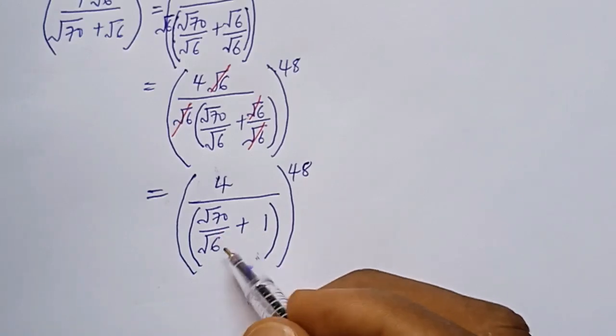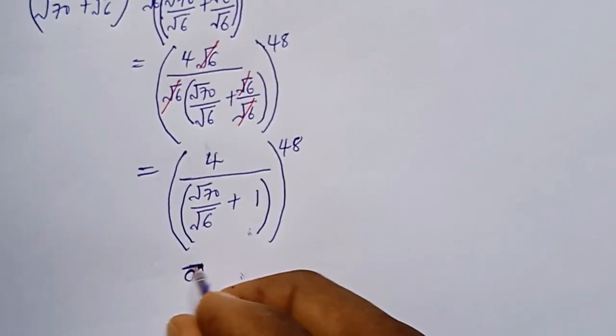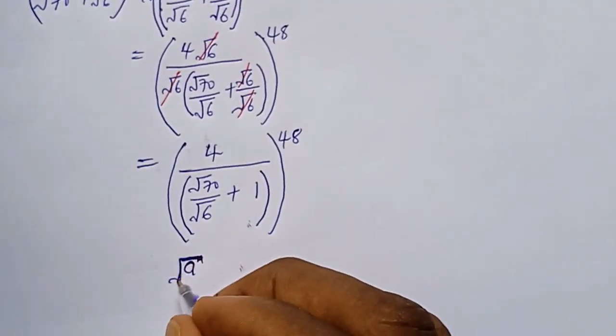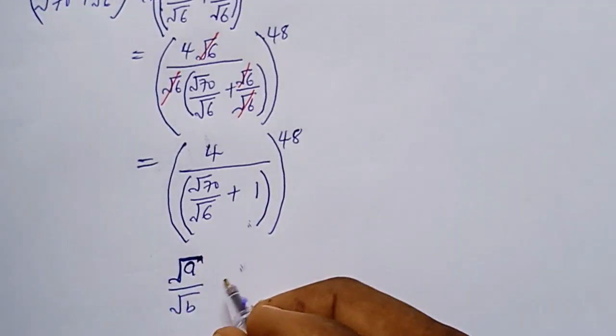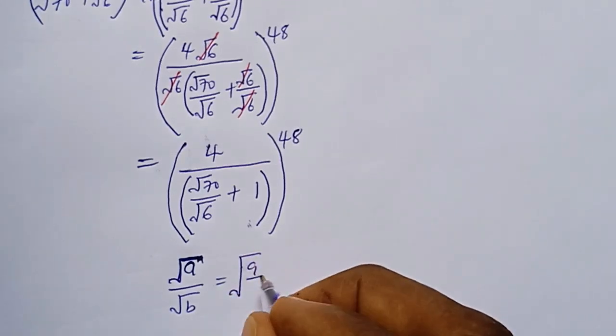So we write this in the form of, if we have square root of a over square root of b, we can simply write it as square root of a over b.